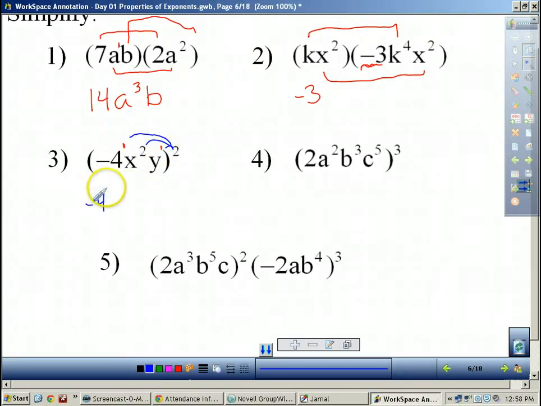So we have -4 to the 2, x to the 4, and y to the 2. Notice I use parentheses here. So for the numbers, use parentheses. So 16, x to the 4th, y to the 2nd.